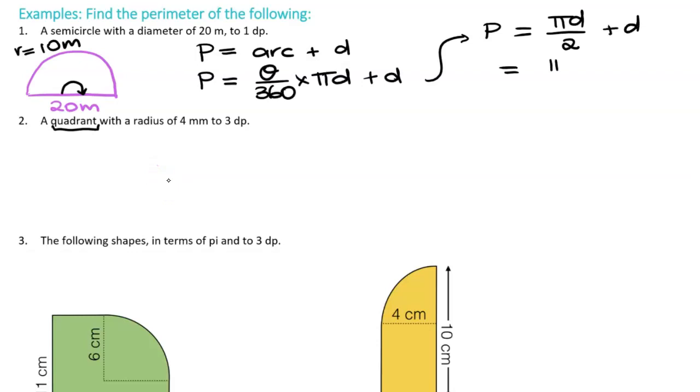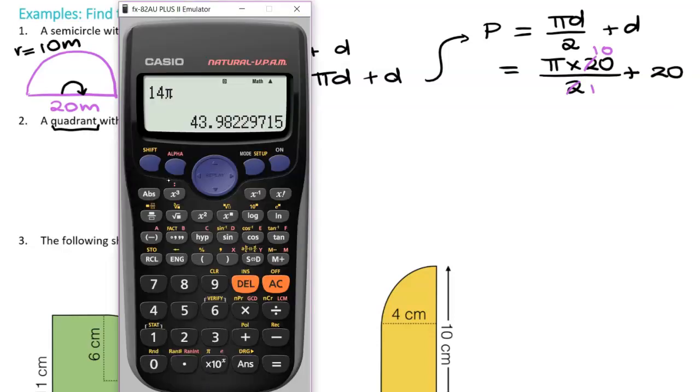So pi times the diameter of 20 over 2 plus 20. You could cancel down a little bit here if you wanted. That's going to be 10 on top here, and that's going to be 1. Or you can just type it exactly into the calculator as it appears. So let's do pi times 20 over 2, or you could have just written pi times 10 plus 20.